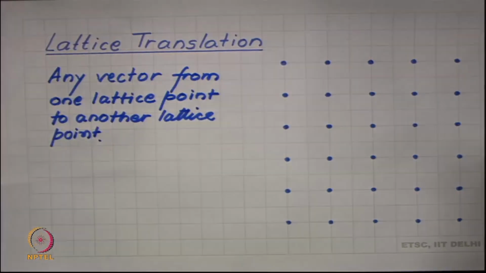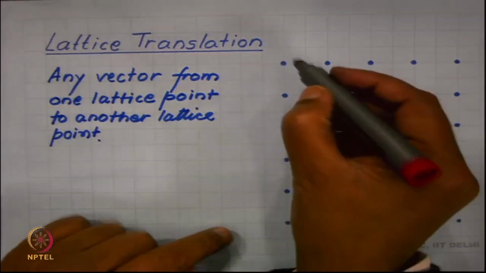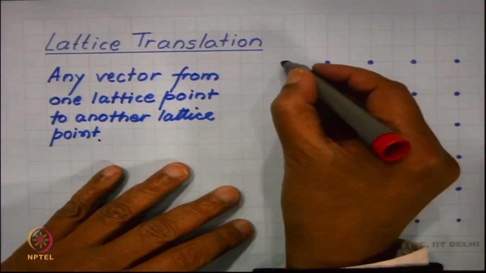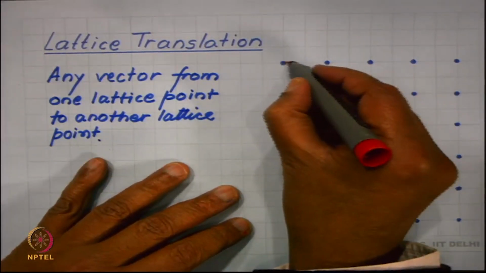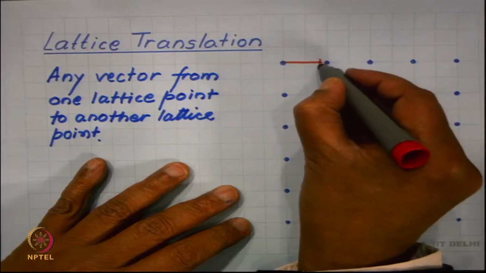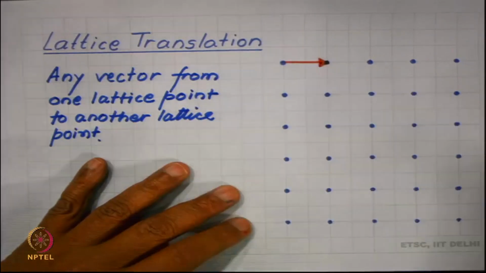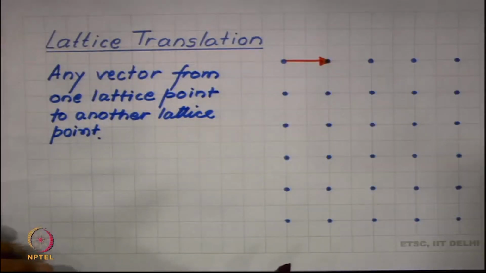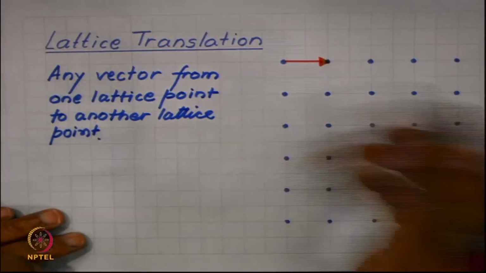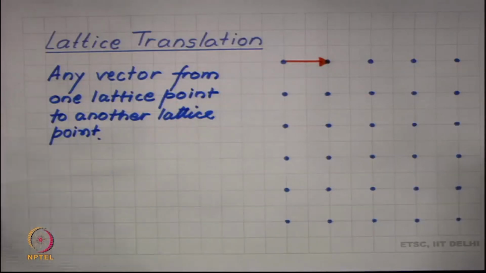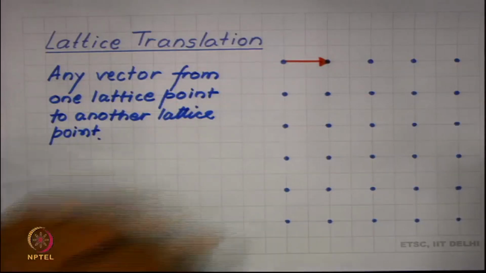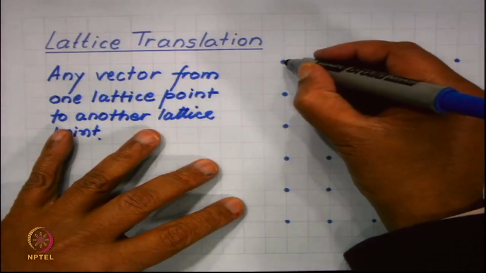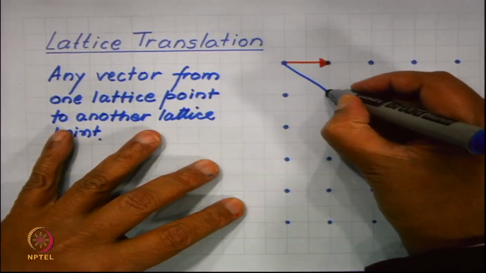I will draw some examples here. So, for example, I take this as my lattice point and I draw a horizontal vector up to the next nearest neighbor in the horizontal direction. So, this red vector is an example of a lattice translation, or if I wish, I can draw another vector like this.